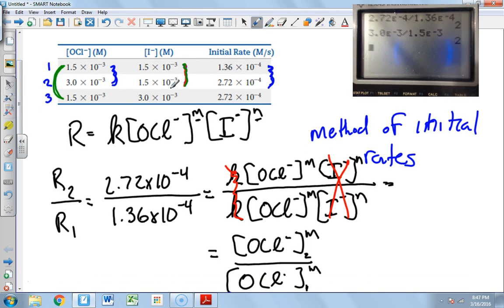And so again, we're going to look at this rate, we're going to compare, and I always want it to be a whole number, so I always pick the bigger one and put it over the smaller one.